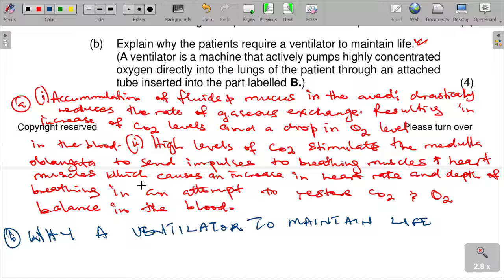So we need to understand the points. One, reduced rate of gaseous exchange due to pneumonia leads to a steady drop in oxygen in the blood. That is the first point.